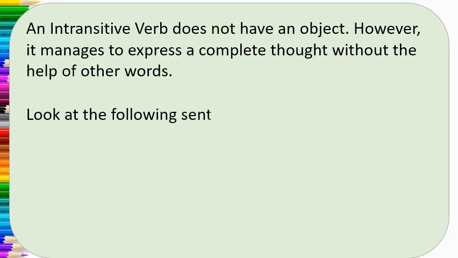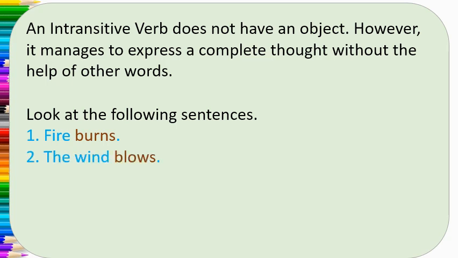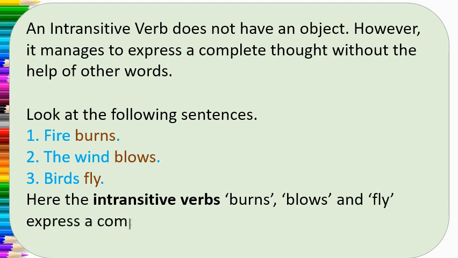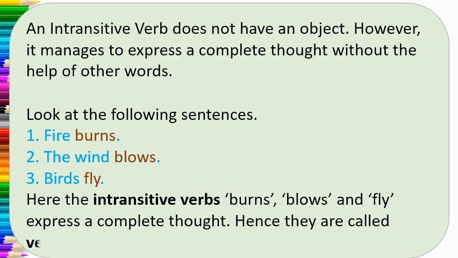Look at the following sentences. Number 1, fire burns. Number 2, the wind blows. Number 3, birds fly. So here the intransitive verbs burns, blows and fly express a complete thought. Hence, they are called verbs of complete predication.